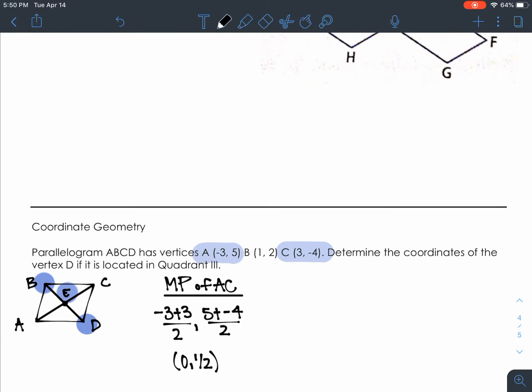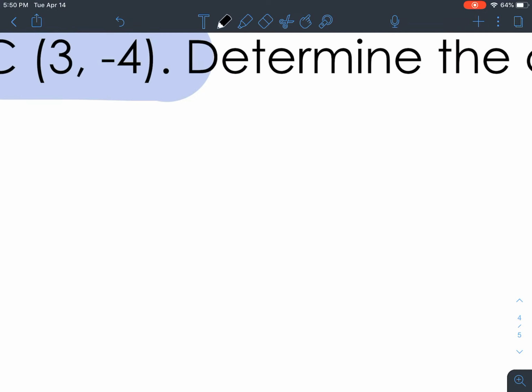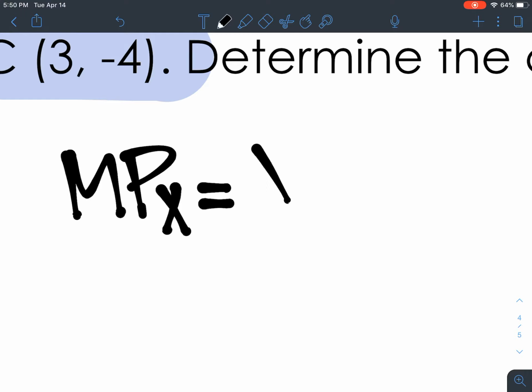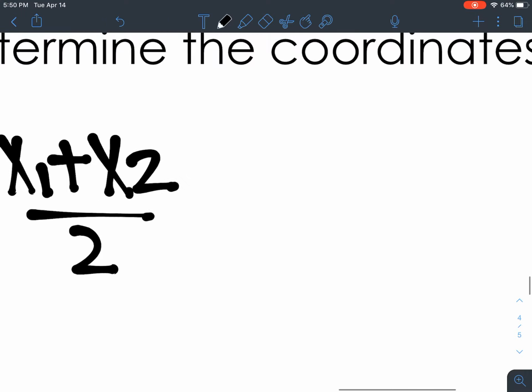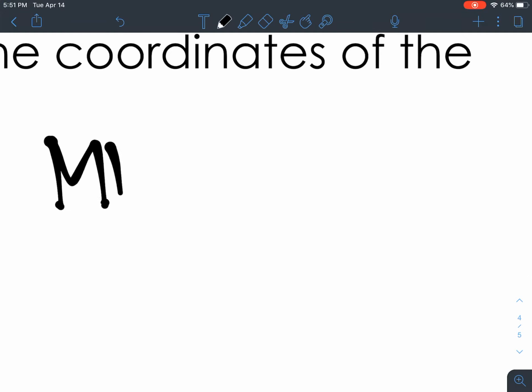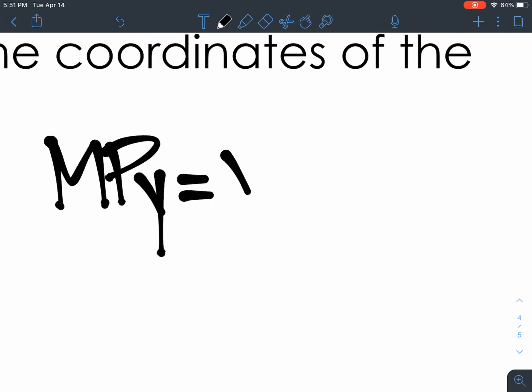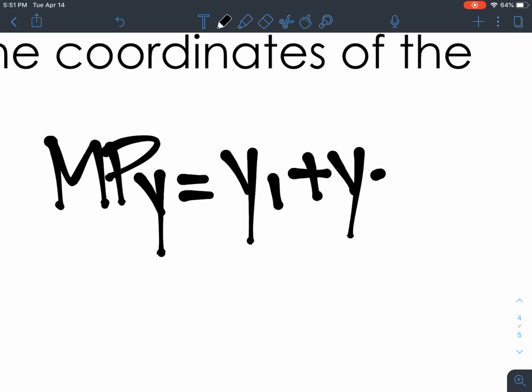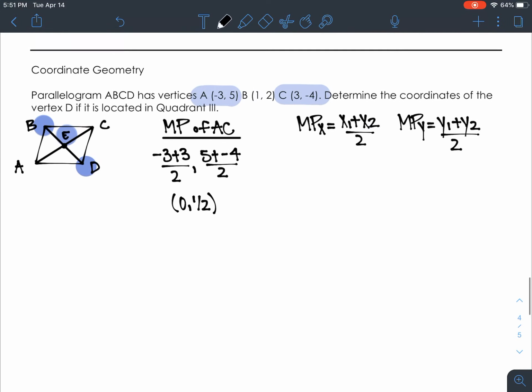What's going to be super helpful for us is that original midpoint formula I gave you guys, which is MPX equals (x1 plus x2) divided by 2, and MPY equals (y1 plus y2) over 2. I love this question. So let's take a look at what we're given.